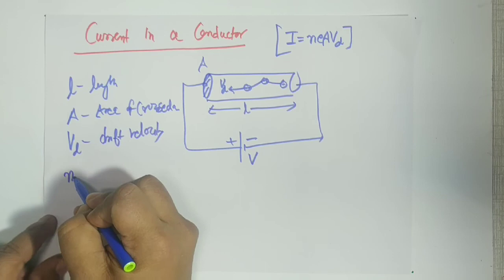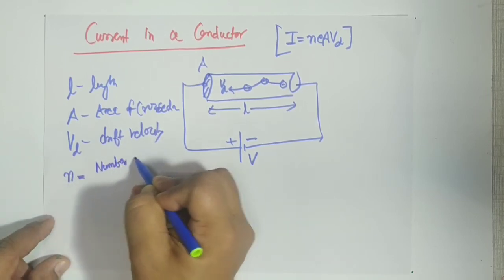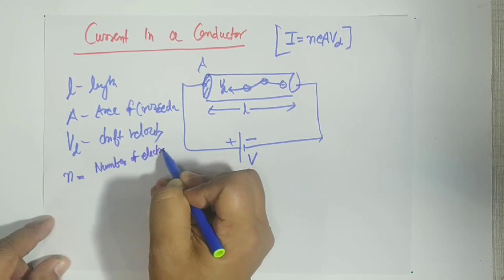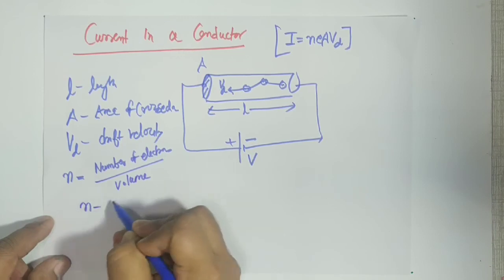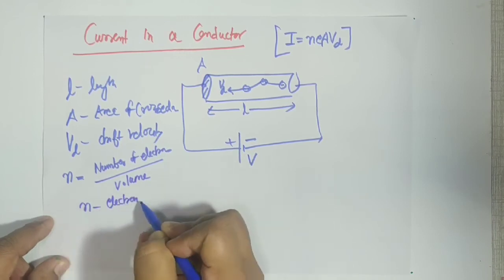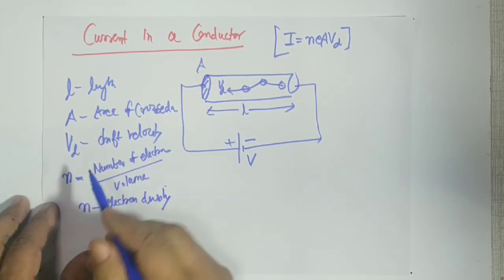Here, small n is very important. Don't say it is the number of electrons; it is the number of electrons per unit volume, known as electron density. Remember, not number of electrons. Some students get confused.